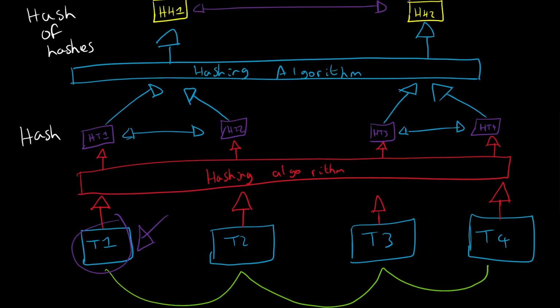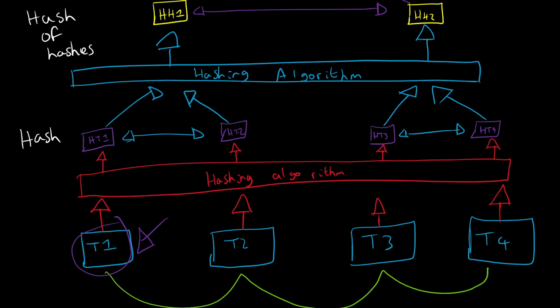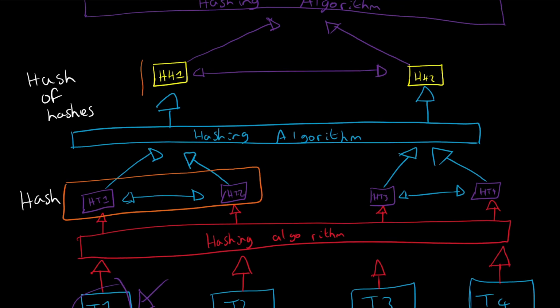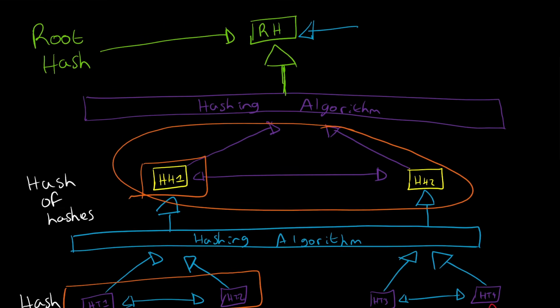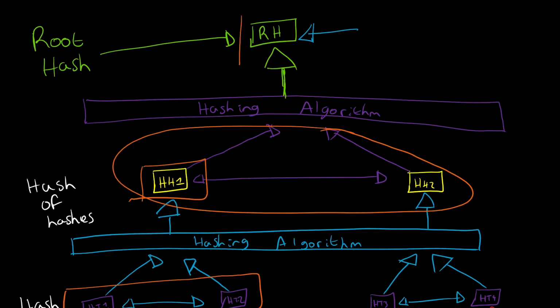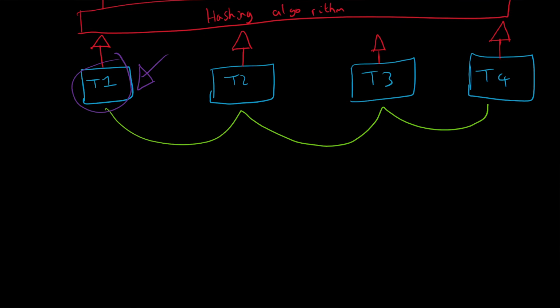And as a result, the combination of this would be different, which would lead to the hash of hashes being different. And then ultimately, this combination will be different. And then eventually, it has a massive cascade effect, and the root hash is different as well. So this allows people to see if the block is valid.